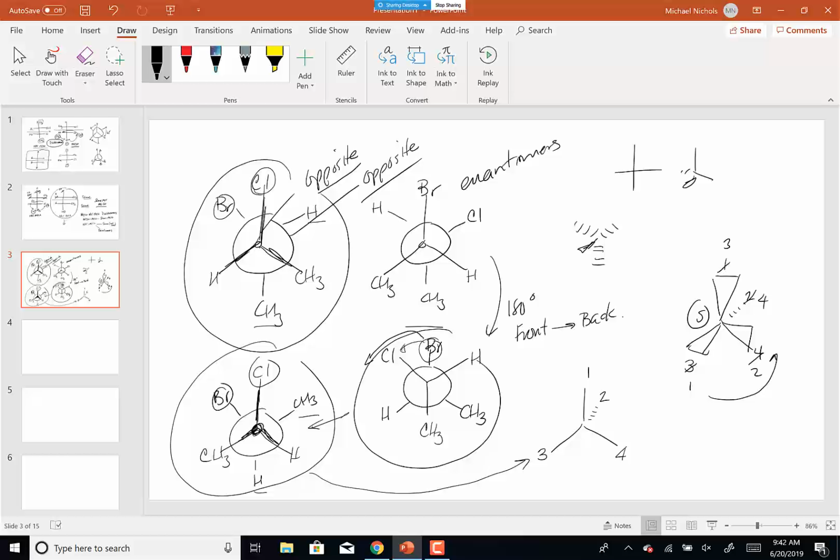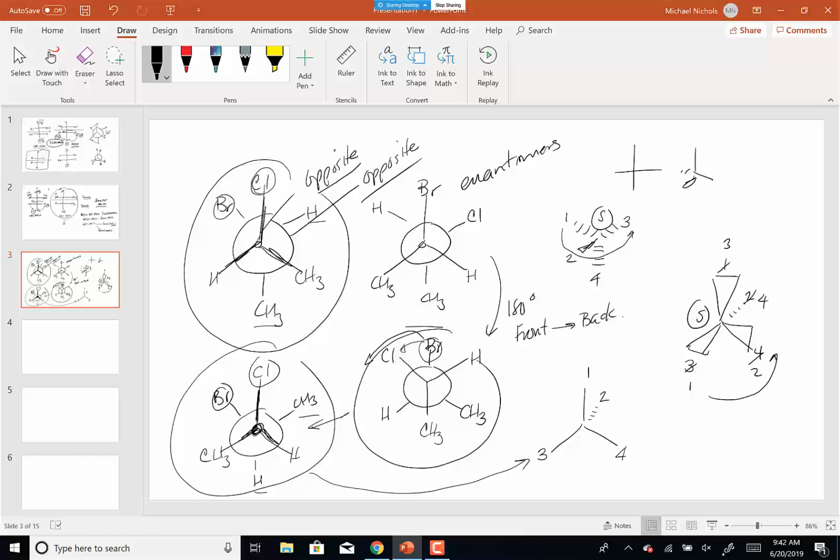So for the back carbon here, hydrogen is 4, bromine's 1, methyl still 3, 2. So now going from 1 to 2 to 3 is what? Still counterclockwise. So if you took this molecule and I asked you, for this one, what's the configuration of the front carbon?